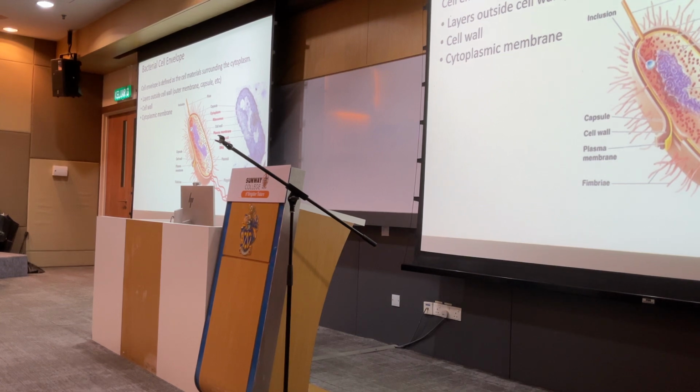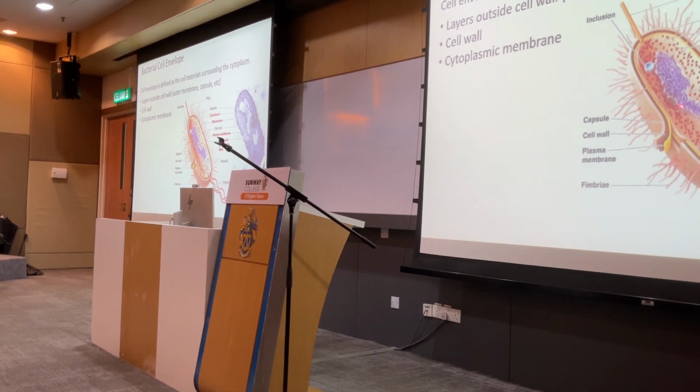You have the so-called pillars or pili. The pili are important for conjugation, to transmit genetic material, and we will come to that next week. And you will have the chromosome.